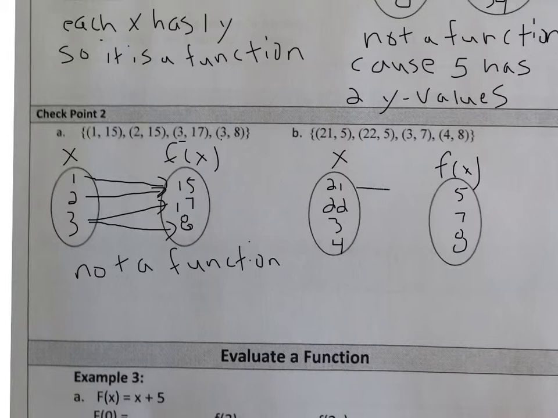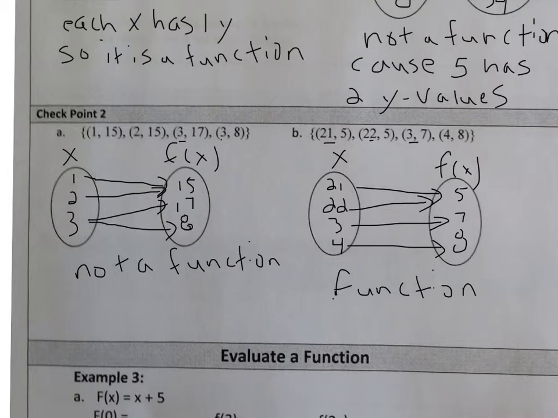So 21 goes with 5, 22 goes with 5, 3 goes with 7, 4 goes with 8. We don't have 2 different y's for one x, so this is a function. And again, you can see the x values don't repeat. 22, 21, 3, and 4. If they don't repeat, it's a function.